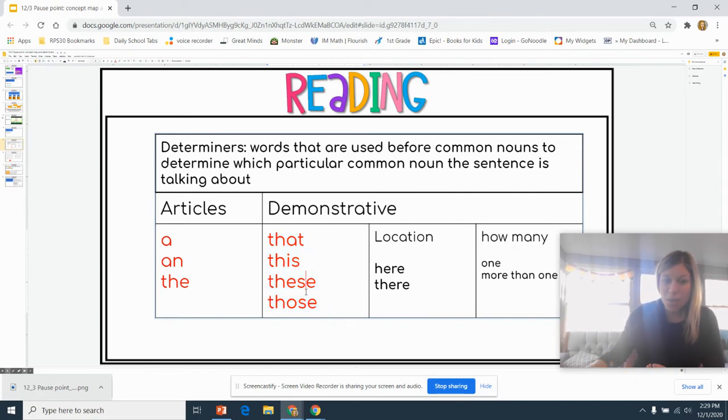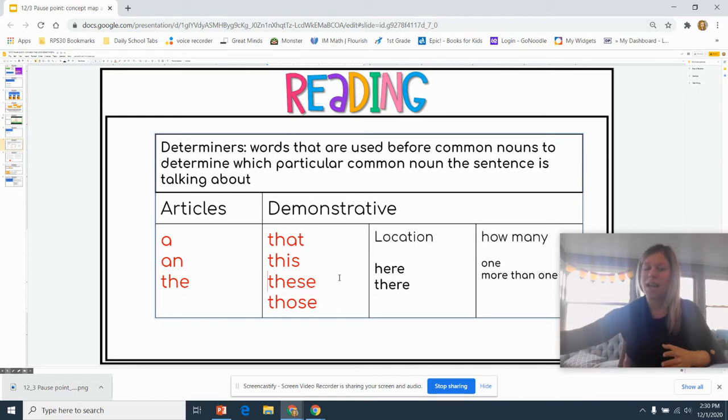I might also say the word these. Well, I'm talking about more than one here. So these are my pens. These are the pens I'm talking about. They're close to me, and there's more than one. But I could say, way over there, those are your pens.